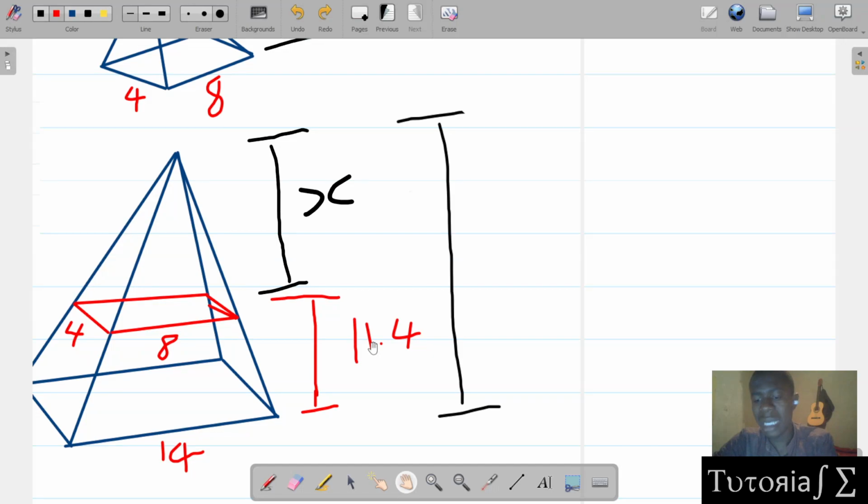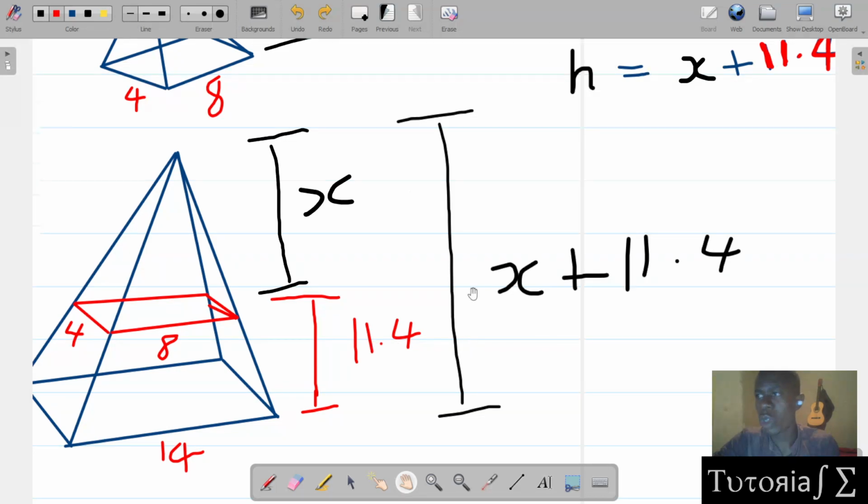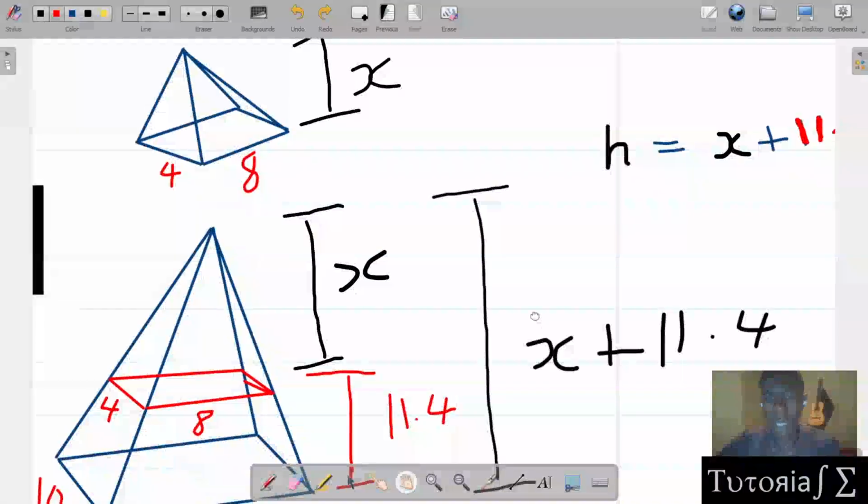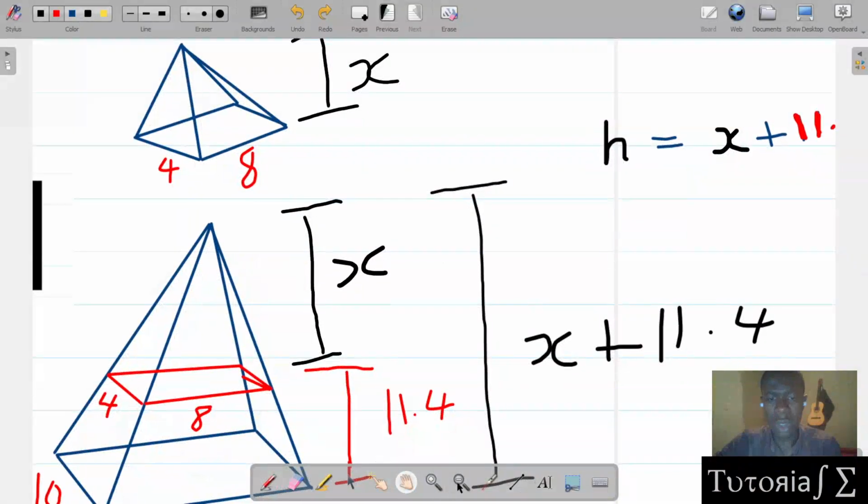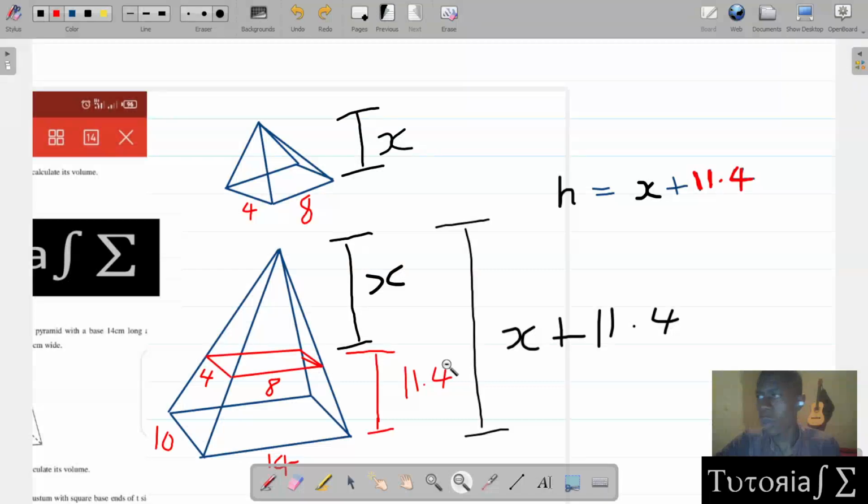So this entire height was X plus 11.4, which we are going to write there. Now, if you check these two shapes, you'll see that they are similar. This shape is similar to this shape.